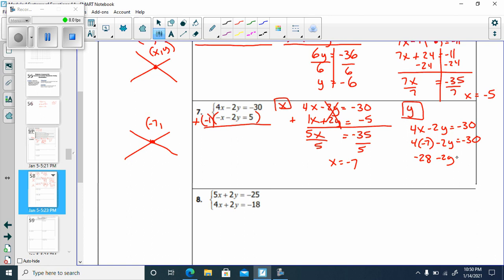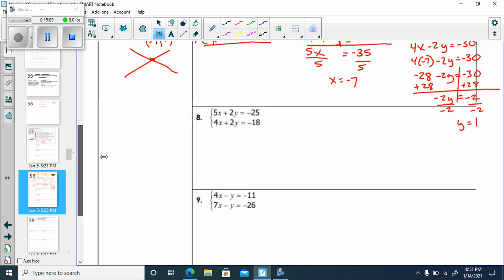Minus 2y equals negative 30. Let's add 28 to both sides. Negative 2y is equal to negative 2. Divide both sides by negative 2, and y is going to be equal to 1. Our coordinates for this point are negative 7, 1. Okay?